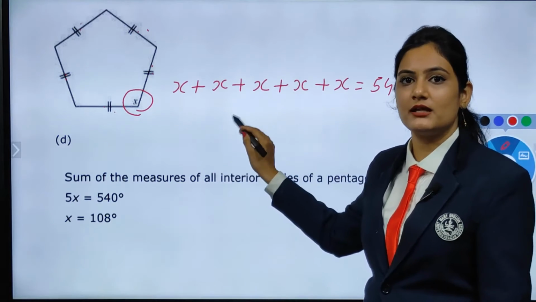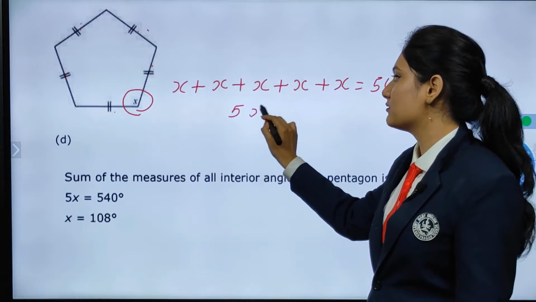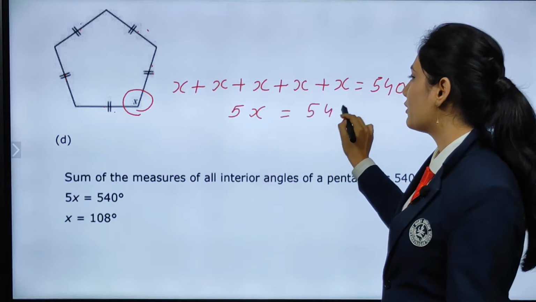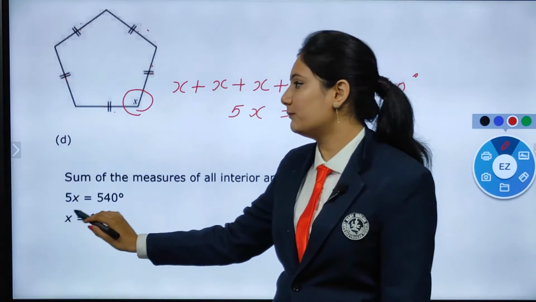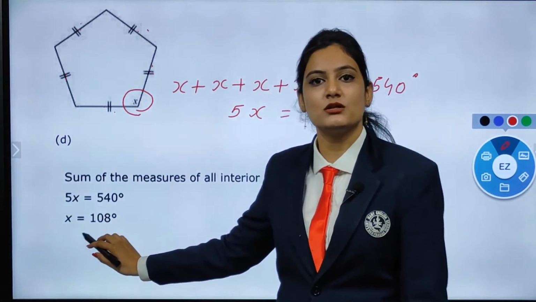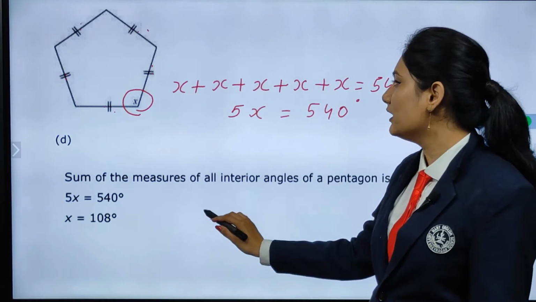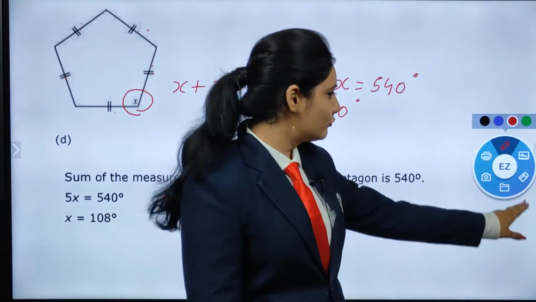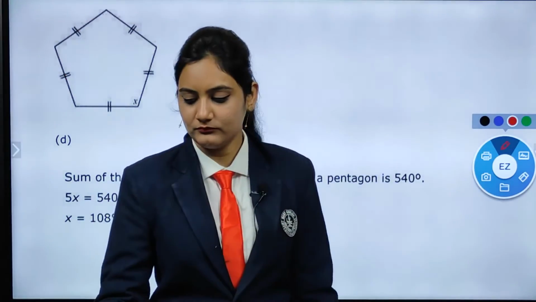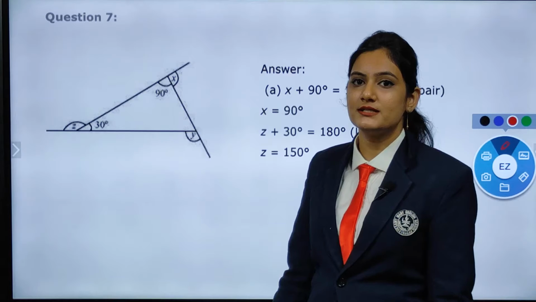Now how many X are there? There are 5X. 5 into x equal to 540 degree. Now 5 is in multiplication with x, so x is equal to 540 degree divided by 5, which is equal to 108 degree. Now we will move towards our next question, that is question number 7.